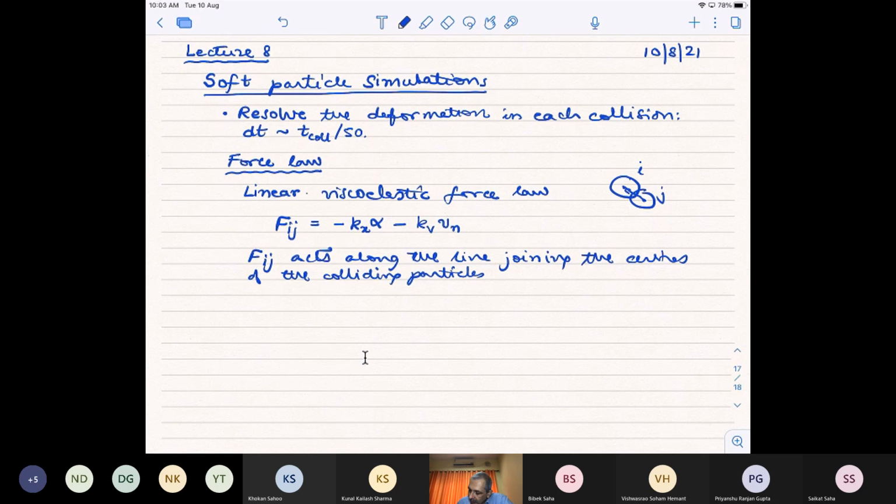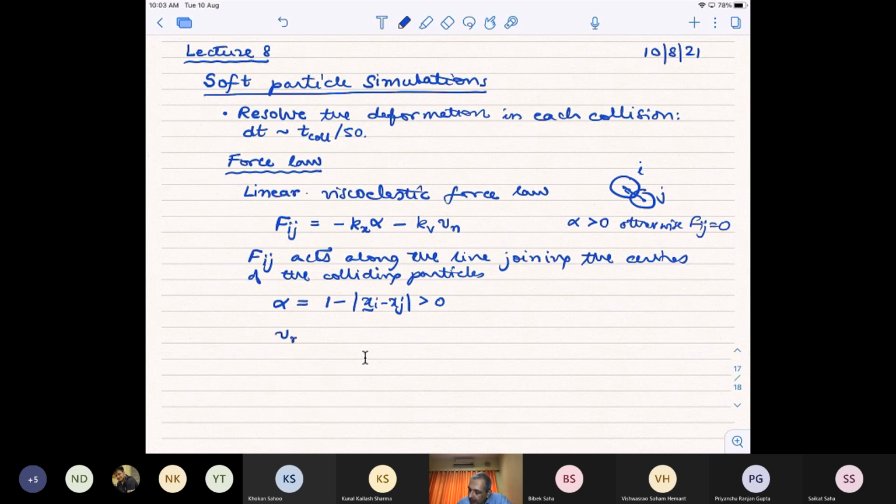And then of course alpha we have seen before is just 1 minus the absolute value of xi minus xj, and alpha has to be greater than 0. This is true only for alpha greater than 0. Otherwise, Fij is equal to 0. So that means the force is only there when the particles are touching.